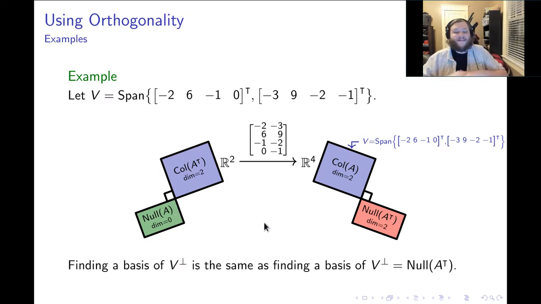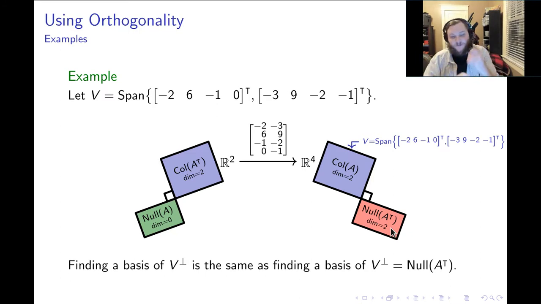Now, let's say that somebody asks us to find a basis of the orthogonal complement of V here. Well, we shouldn't be intimidated because we know that V is the column space of this matrix, and its orthogonal complement is the left null space of this matrix. And we know how to numerically find a basis of the left null space.